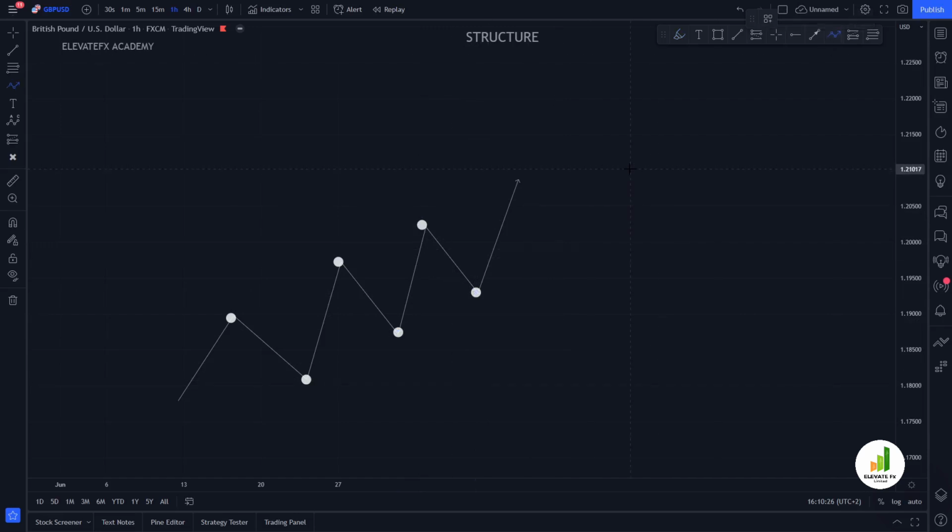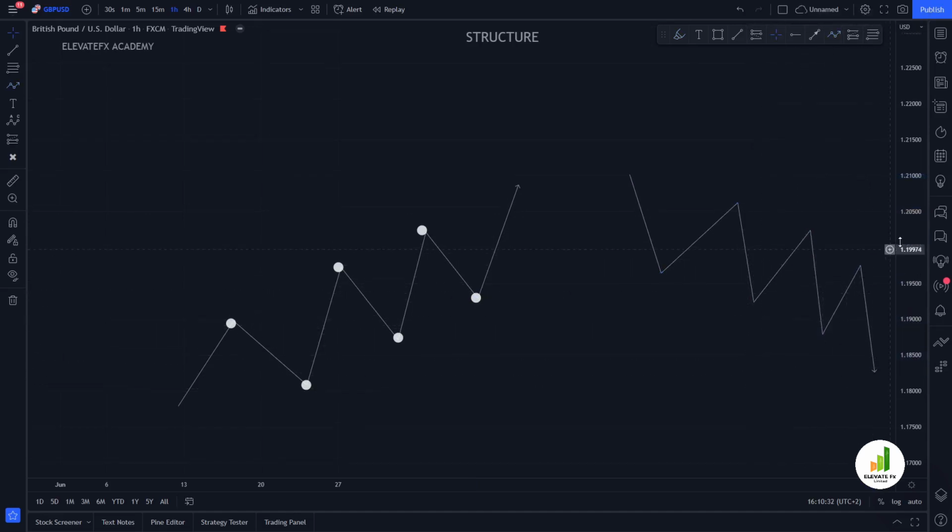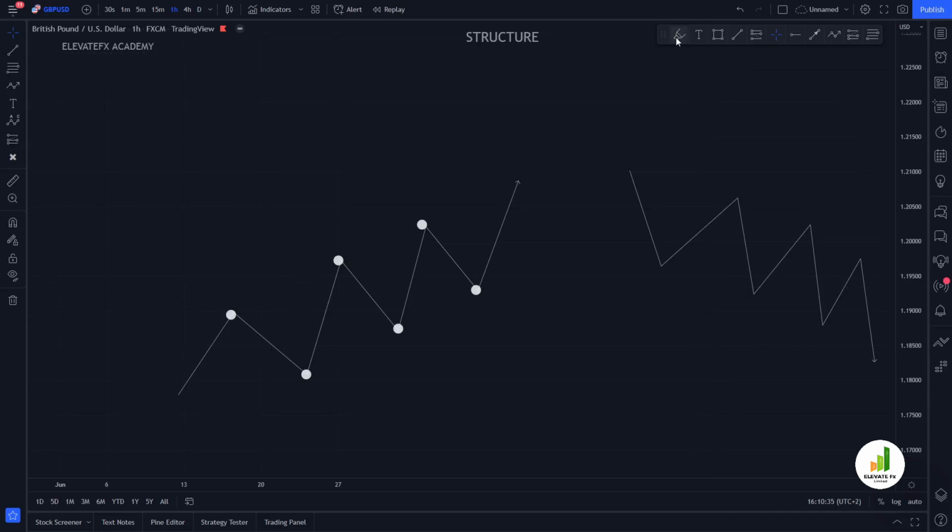We could have the markets trending like this instead. Bear in mind, this is one variation, one of the ways you could see structure being delivered. You can have a high, a low, a lower high, a lower low, a lower high, a lower low, and so on and so forth.